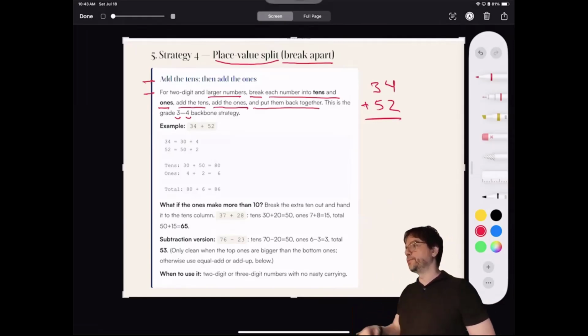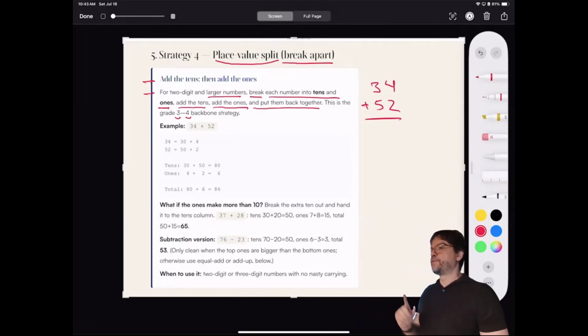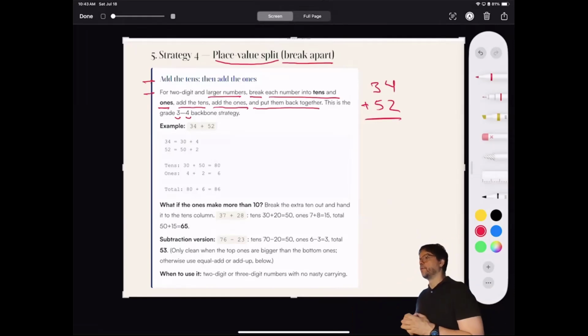Is that okay for you? 52. Can I put 50? How much is 30 plus 50? 80. But it's 34, but it's 52. I need to add 4 plus 2. Do you agree? How much is 4 plus 2? 6. So the number is 86.